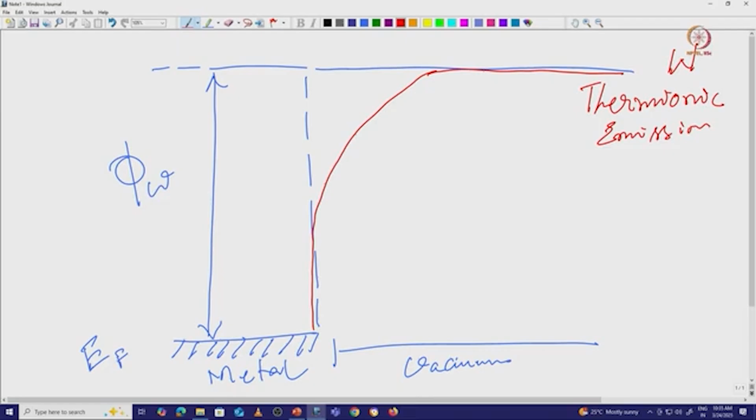Now, if I write the value for the tungsten filament, what heat energy is required?